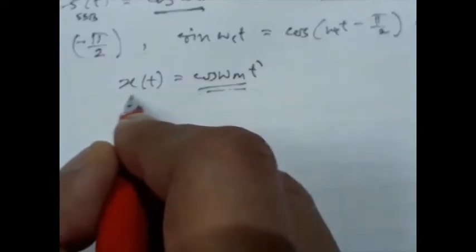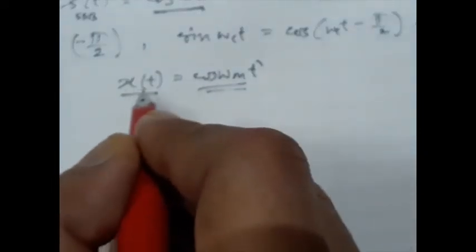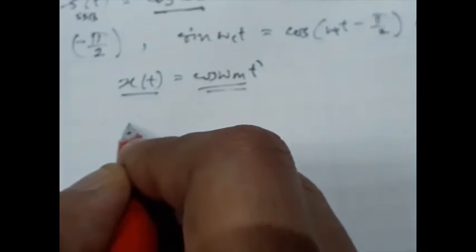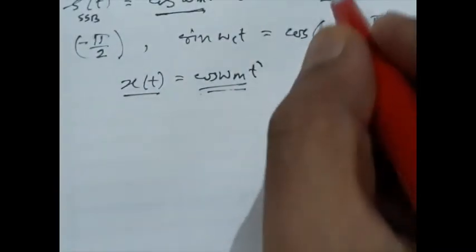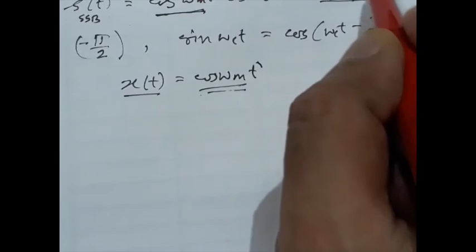Now if xt is no more single tone, it is a general arbitrary signal, under this condition how we can write this one?